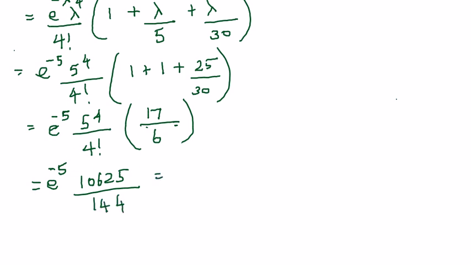And you know that e power minus 5 is 0.0067, so 0.0067 into 10,625 by 144. I will typically multiply 10,625 into 0.0067 and divide it by 144. If you can do it by the logarithm method, that is also fine.